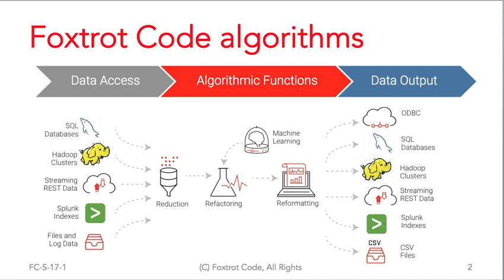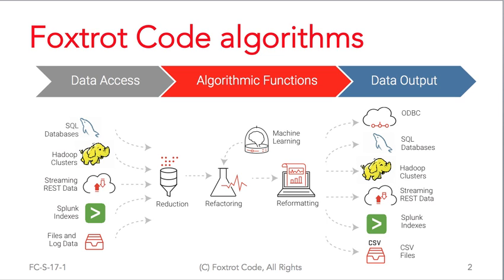At Foxtrot Code, we've been working for some years to create a platform that is capable of accessing the data where it sits today, in the data sources that the data sits in, and extracting it, moving it into algorithmic functions in real time, and processing it.